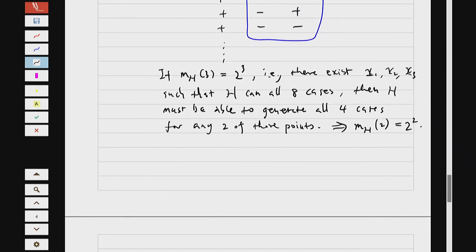So in fact, I can generalize this from 2 and 3 to any k. More generally, if m_H(k) is equal to 2 to the k, you can generate all of them for some k. Then I have m_H(n) equal to 2 to the nth power for all n less than k.